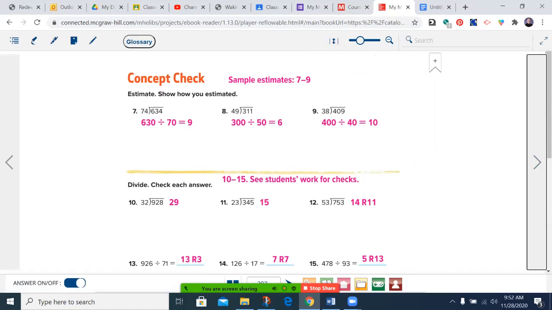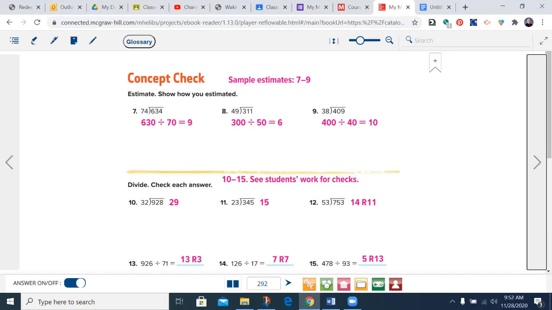So now looking at the answers. I'll read them just in order to kind of time it out, but won't be providing much in explanations. Remember that on this page, you're supposed to do one per each row. So number 7, 634 divided by 74, you just had to estimate.